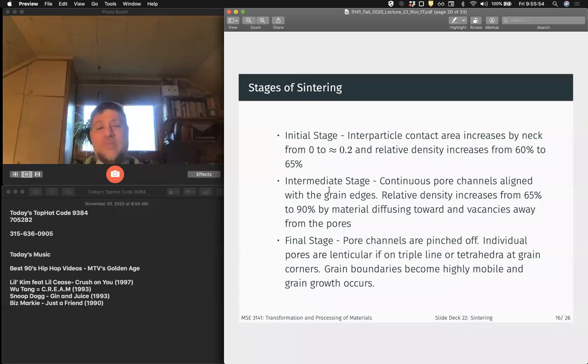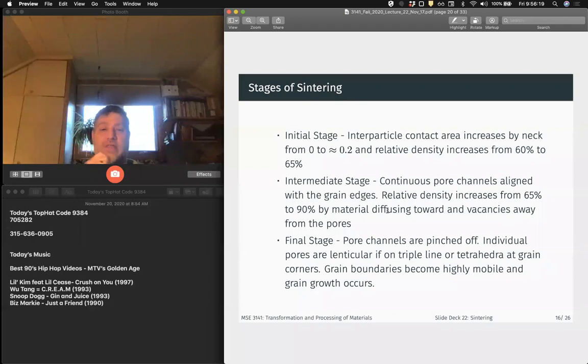Okay. The intermediate stage is where our continuous pore channels that are aligned with the grain edges begin to shrink, and we start to close those off, and those give us a big increase in density from 65% dense to about 90% dense, right?